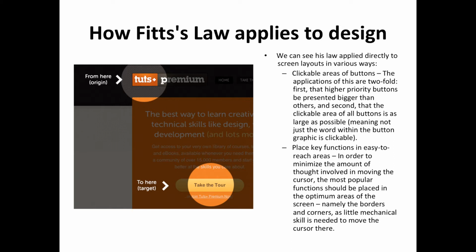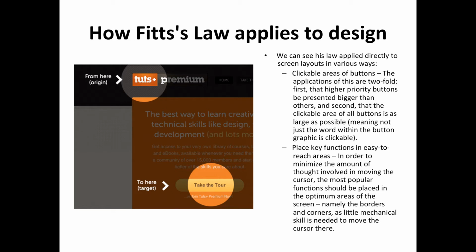You want to make sure that if I log into the site, I can see that big old button that says download here. Cool, I'm going to click that and I'm going to download it. If it's hidden at the bottom, or hidden three clicks deep within the site, people are not going to download what you want them to download. So they need to have that minimum effort, minimum mouse movements to get to where they need to go.